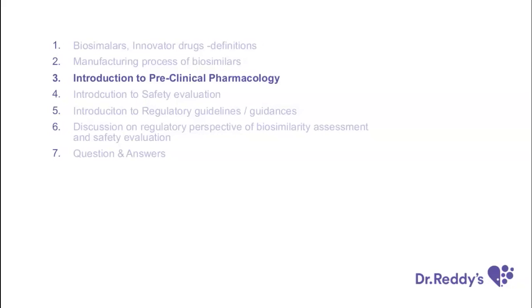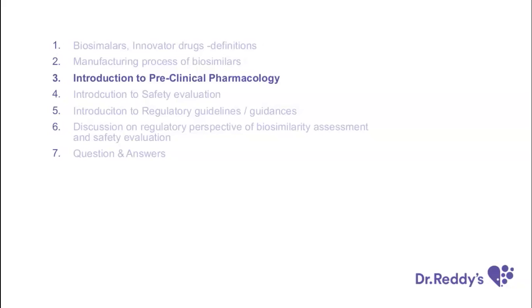The preclinical pharmacology is mainly divided into 4 aspects. The first aspect is in vitro pharmacology to show the mechanism of action. The second is the in vivo pharmacodynamic activity, going for animal model development to show the efficacy. The other part is the pharmacokinetics. Once we complete pharmacology, we go for the toxicology.